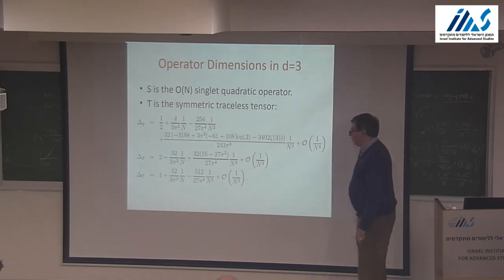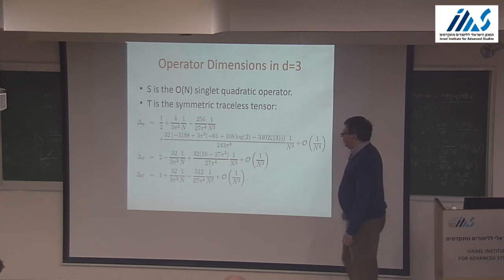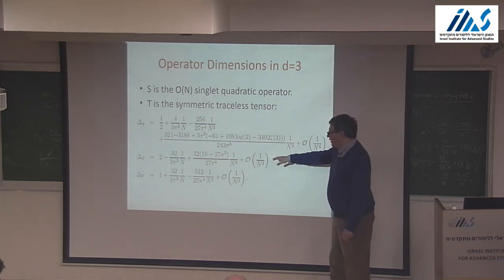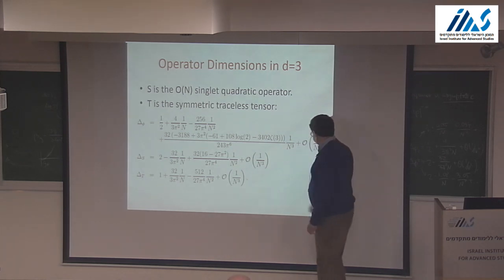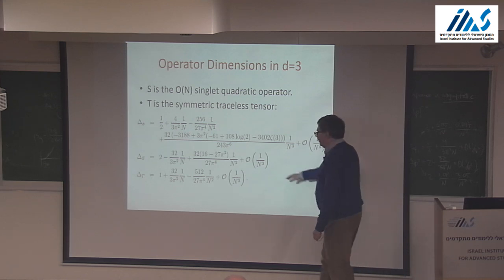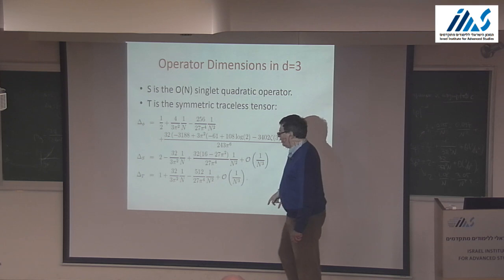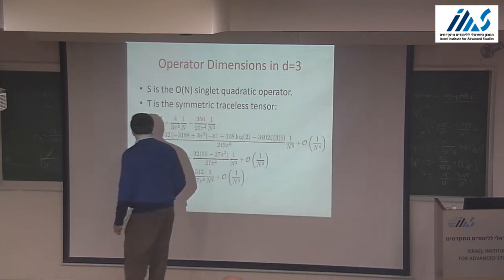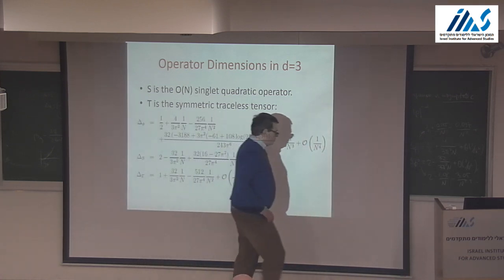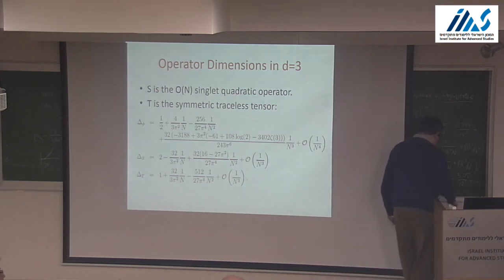And then people often compute 2 types of quadratic operators, the singlet one and the traceless tensor. So S is just phi I phi I, right? And T is phi I phi j minus 1 over n delta ij phi squared.